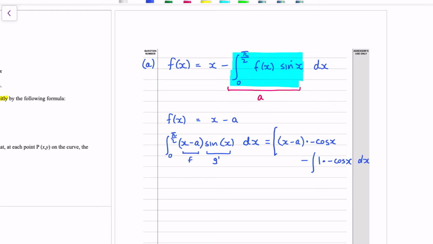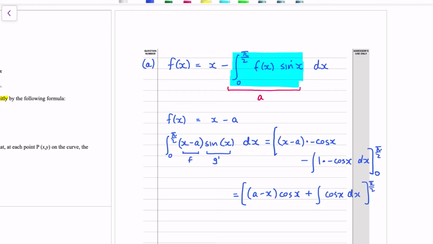And the whole thing needs to be evaluated between pi over 2 and 0, eventually. So first thing is I like to find the integral first, and then evaluate it. So I've got x minus a times negative cos, which is actually the same as writing a minus x times cos, personal preference here, but it's a little bit tidier, plus the integral of cos, evaluated between pi over 2 and 0.